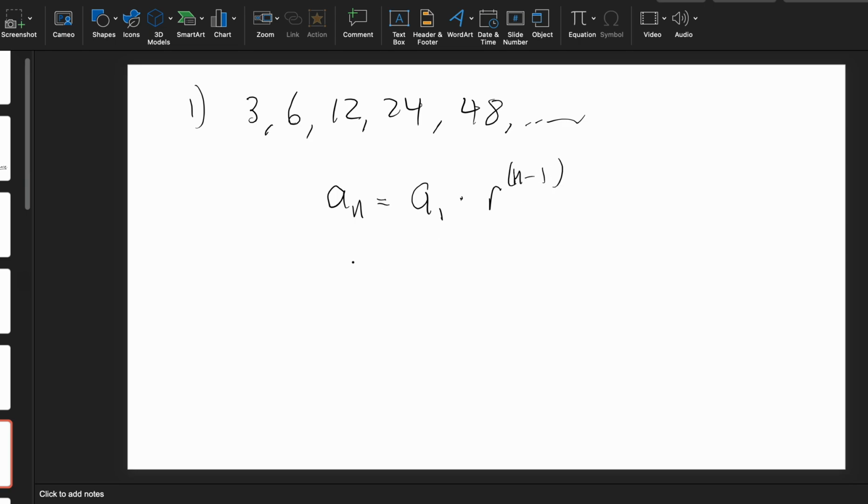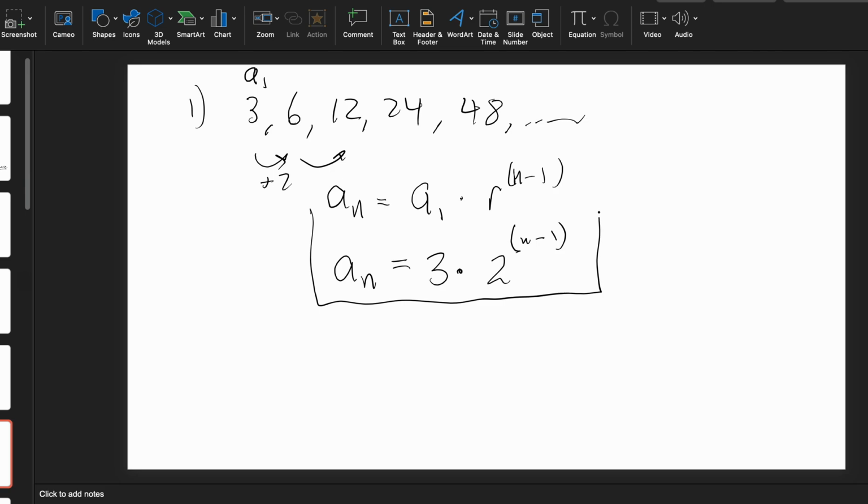If I want to know the nth element of this sequence, what is it going to be? Well, my a sub 1 is 3, times, here I'm multiplying by 2, so the common ratio is 2, to the n minus 1. And that would be the nth term of the sequence. And if you wanted to know what is a sub 6? That would be 3 times 2 to the 6 minus 1, which should be 96.